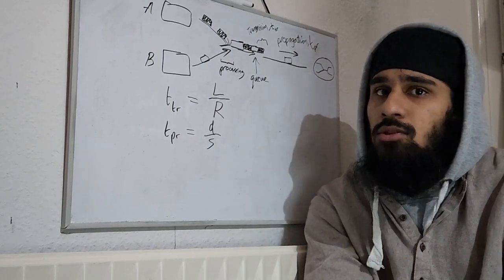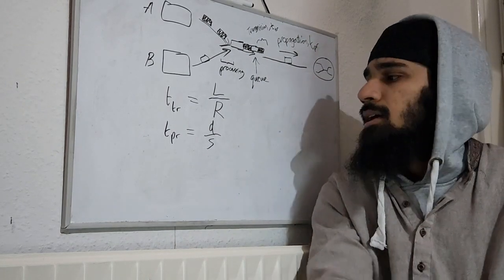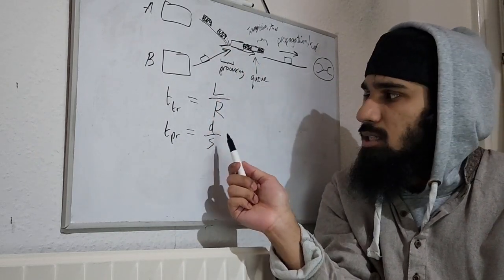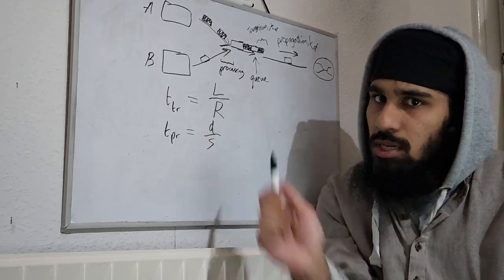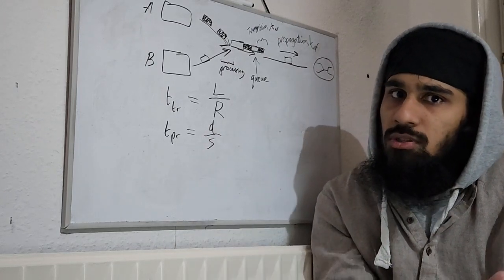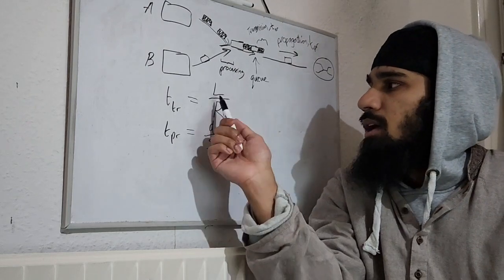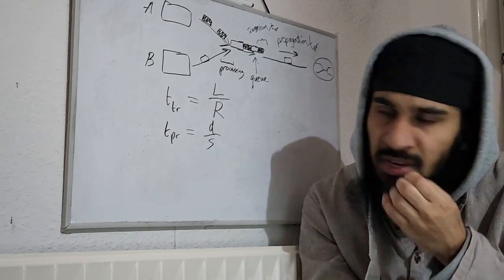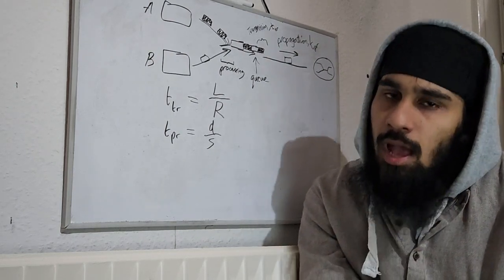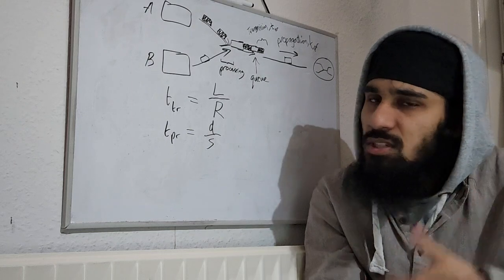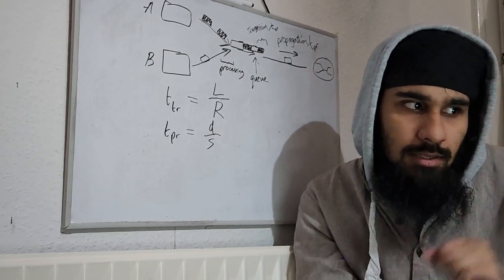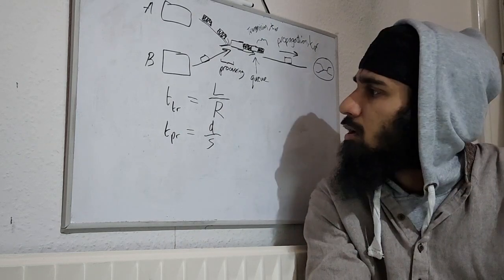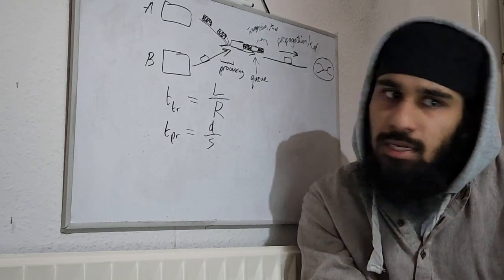With that example, you can understand that you have the propagation, the time the packets are propagating, and you also have the processing. How long does it take to process each packet? So you have L divided by R. L is like how many bits there are, and R is like how quickly it does it.